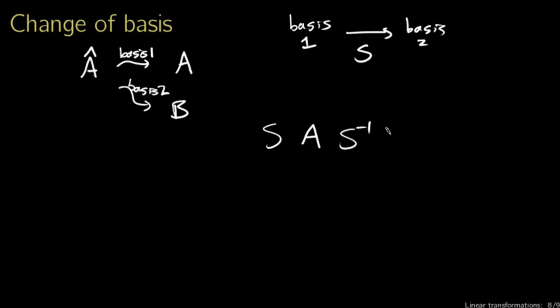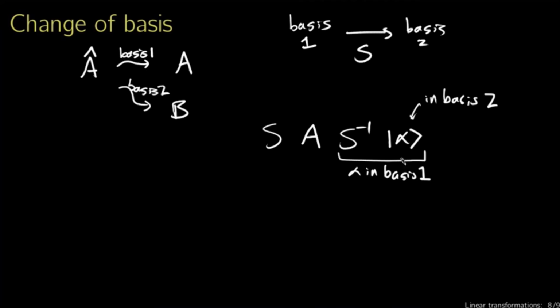If I'm allowing this to act on some vector alpha, I can think about S inverse as going from basis 2 to basis 1. So for alpha in basis 2, S inverse alpha is going to be alpha in basis 1.